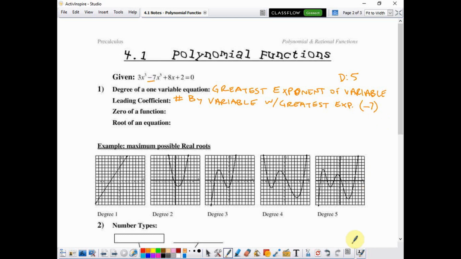A zero of a function and a root of an equation. We're going to lump these two together, and we're going to do that because they're basically the same thing. It's two terms for one thing. And what those really mean are they are the solutions of a function when it's set equal to 0.